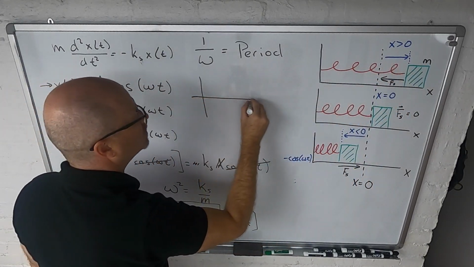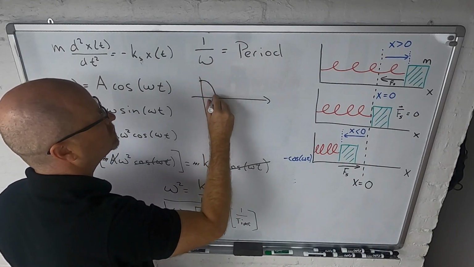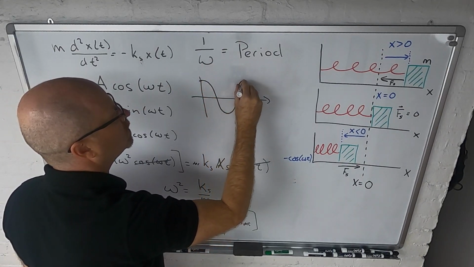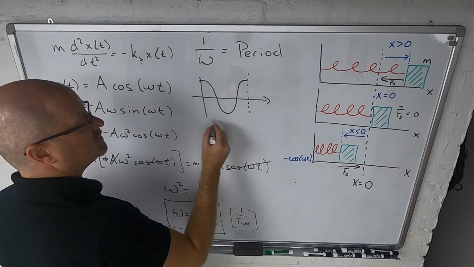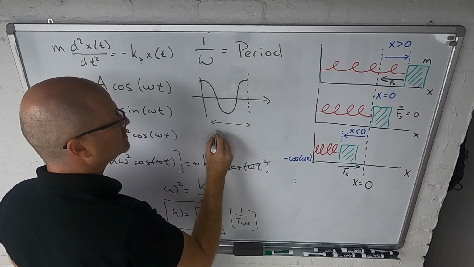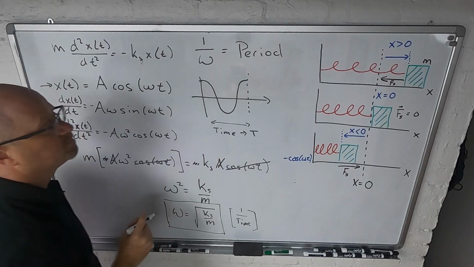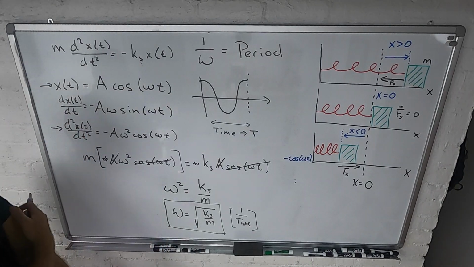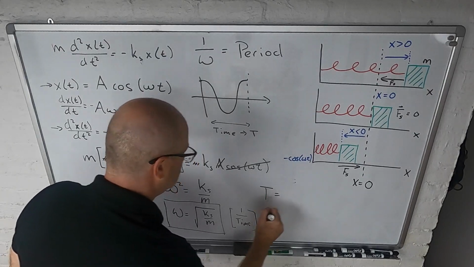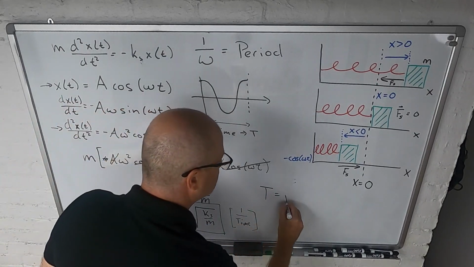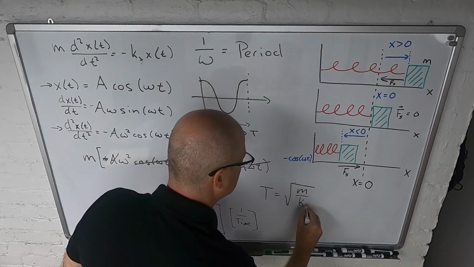So if it's moving on a cosine function, it would be how long it takes to go from its maximum position through a minimum and back to its maximum. So this is the amount of time that it takes to do this. That's going to be the period. So let's think about what the period looks like. The period looks like 1 over this. It's a square root of m divided by k.